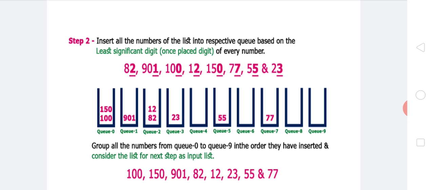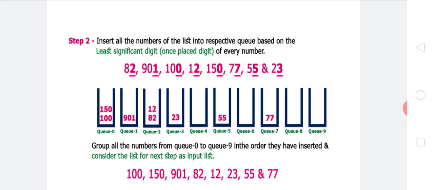Next number is 100. I mark the least significant digit, which is 0, so 100 is placed in queue number 0 or bucket 0. The next element is 12.